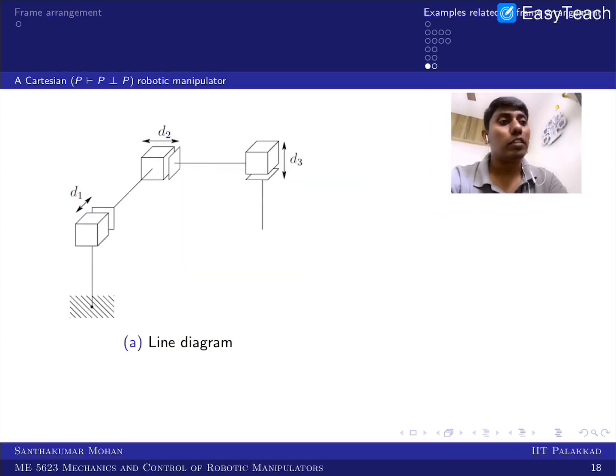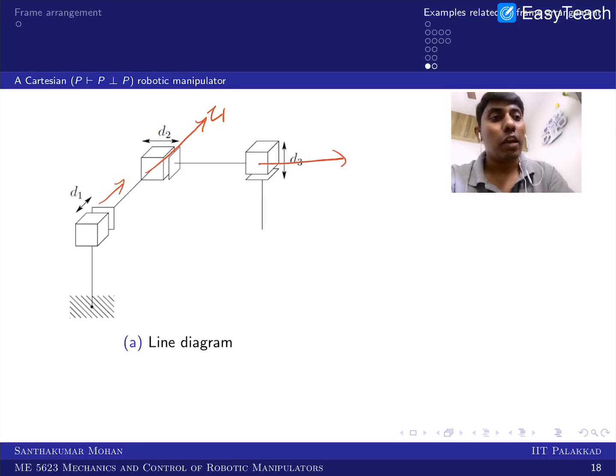Move forward in the sense I am taking the Cartesian manipulator. You can see that although this is the base point, we cannot take that as the case. Why? Because the first translation is happening in this direction. So your z1 axis is here, your z2 axis here, and your z3 axis here.